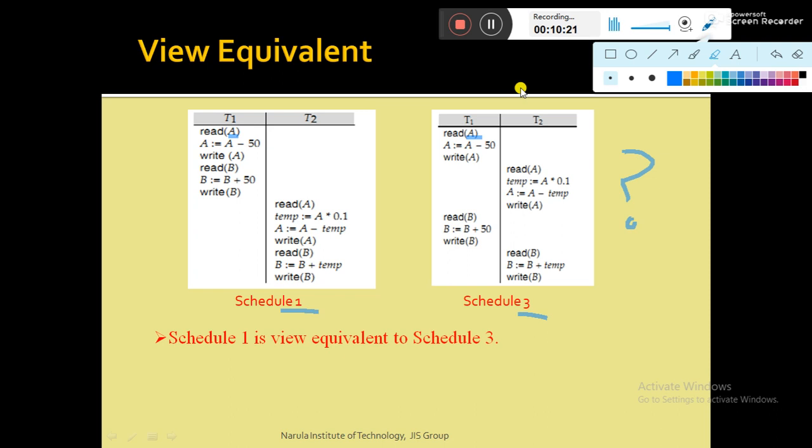That means the first condition is partially true, since we have checked it with only data item A. Apart from A, we have another data item B, so we have to check data item B also.